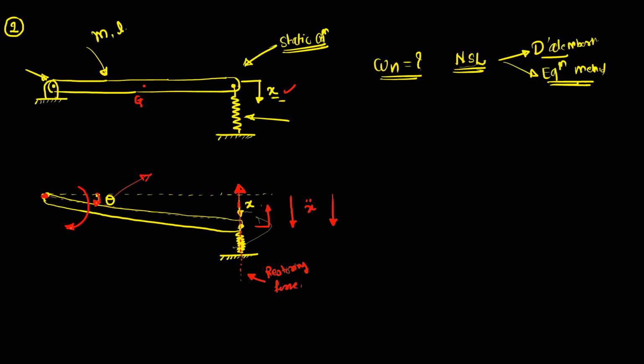So its acceleration theta double dot will be in the same clockwise direction. Because of that, its inertia torque is written as I theta double dot, in the same direction as the external displacement theta or x.